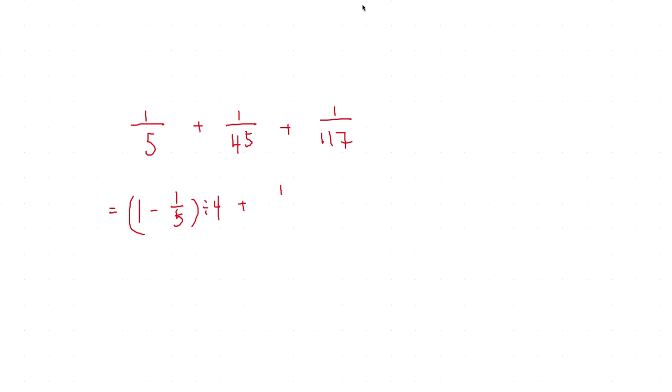Equals 1 over 5 minus 1 over 9 divided by 4. Correct? Okay, so 1 over 117 equals what? Equals 1 over 9 minus 1 over 13 divided by 4. So the answer is, I put them together, 1 minus 1 over 5.